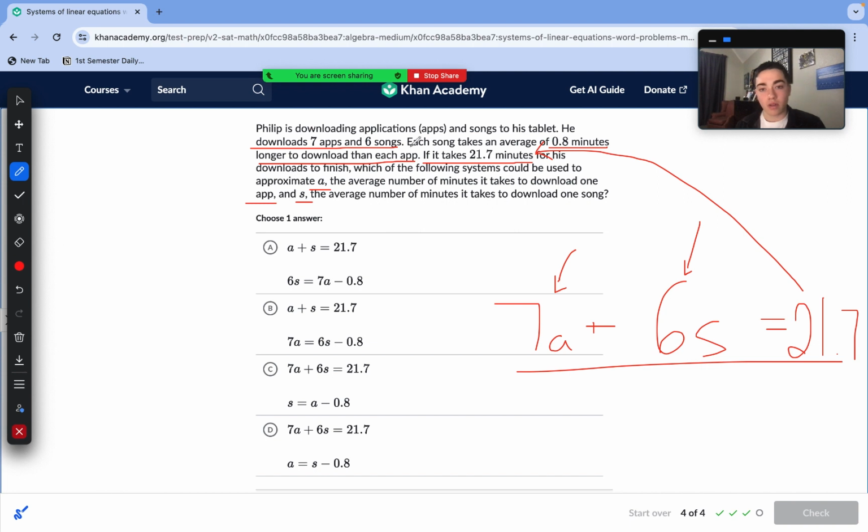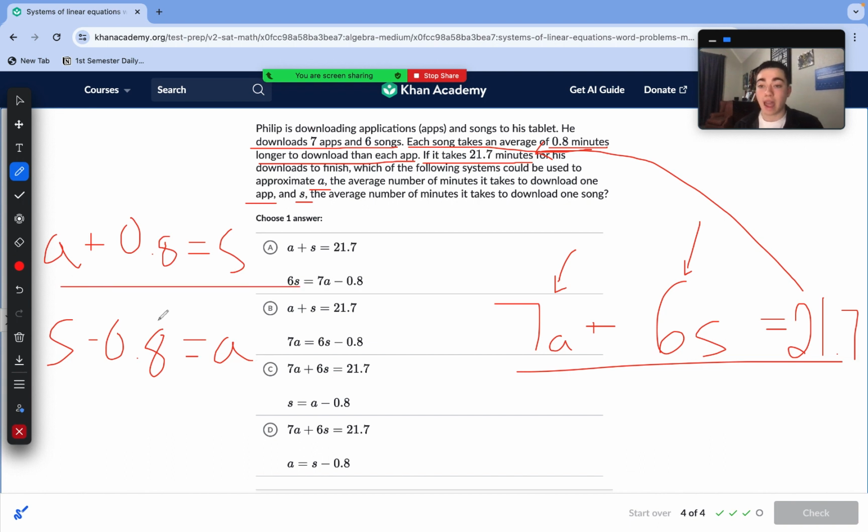Then this sentence right here just creates our second equation. Each song takes an average of 0.8 minutes longer to download than each app. So we need to have our app value and add 0.8 in order to find our song value, which is the same as saying we need to take our song value and then subtract 0.8 to find our app value.